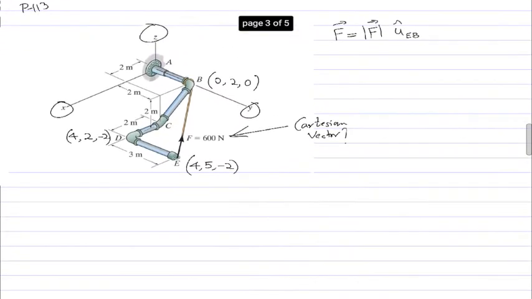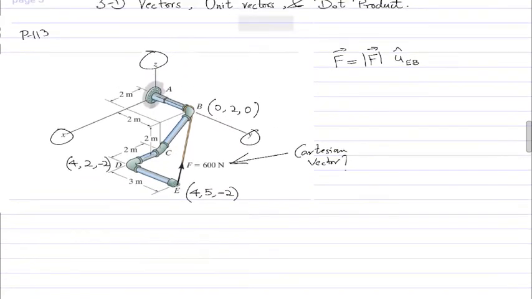You're free to choose either EB or BE, and the unit vector would just be the opposite of one another. However, I'm choosing EB because that's the direction that the arrow is shown. So to find U hat EB, we have the position vector REB divided by the magnitude of REB.